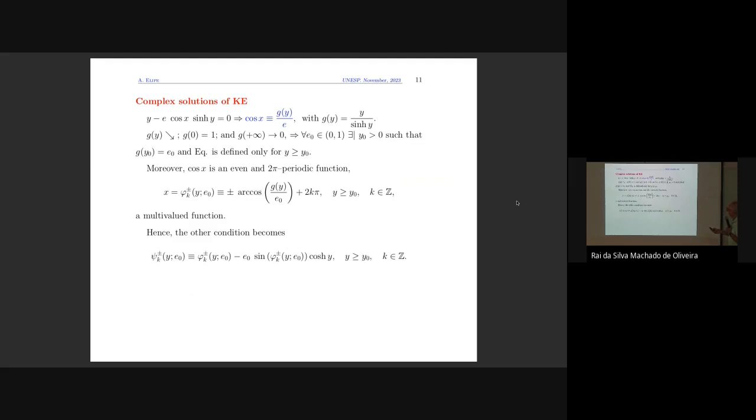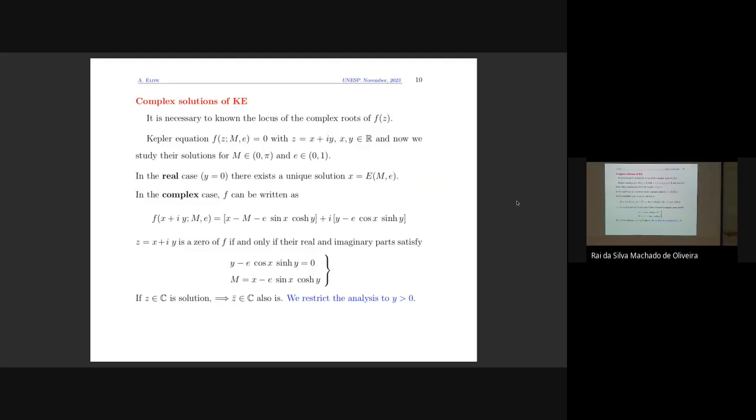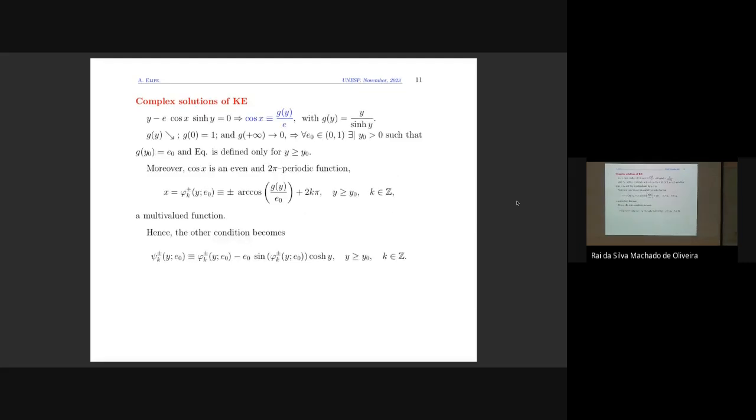And with this x, we go to the other equation, and eventually we have this, the other condition. Okay, so we have x, and also from here we have y as the arc hyperbolic cosine of something. So we are able to obtain x and y.